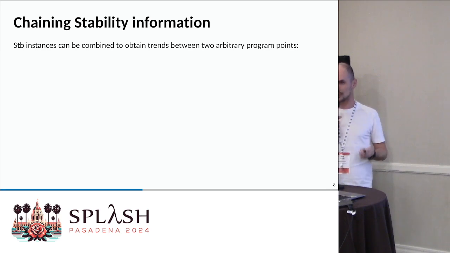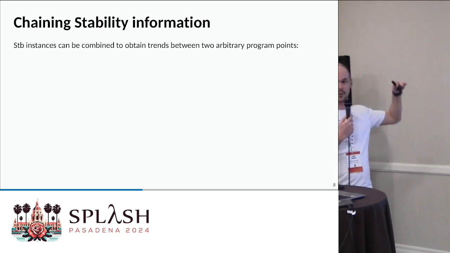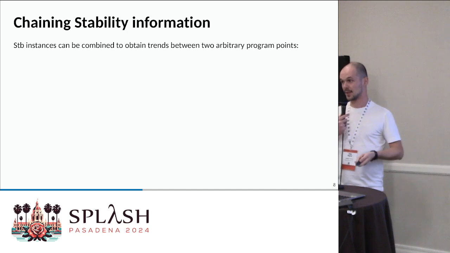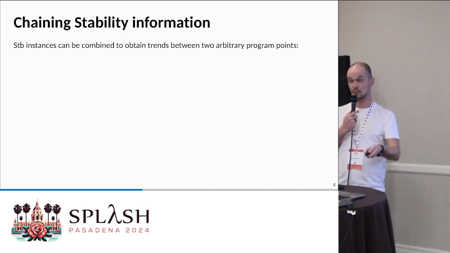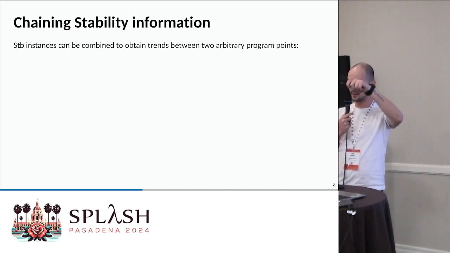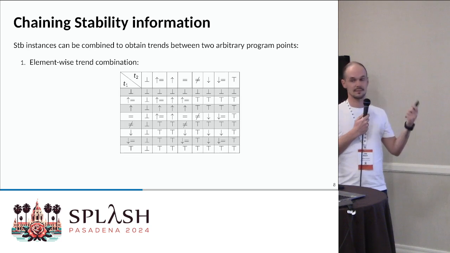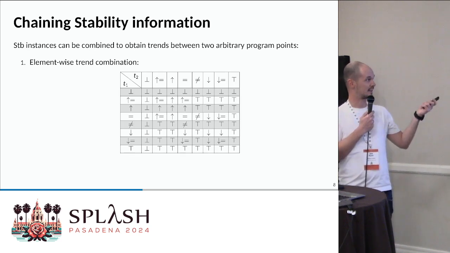But we want to say something about the whole function or the whole program. So when you're done with this analysis, when you have a stability instance for every program point, you can just chain them. You can look at sequences of instructions and combine different instances one by one. And the way in which you combine them is by combining the trends of every single variable by just looking at this table.